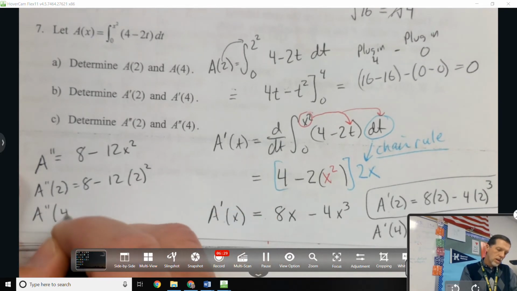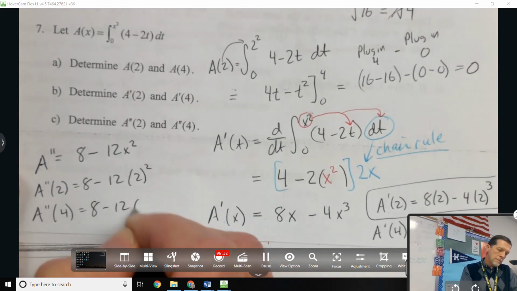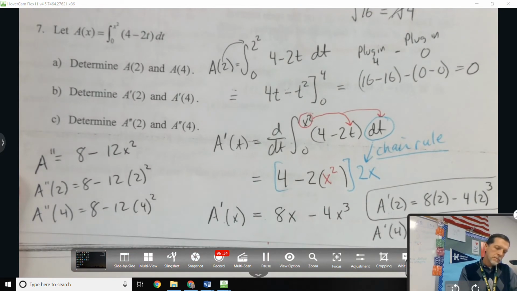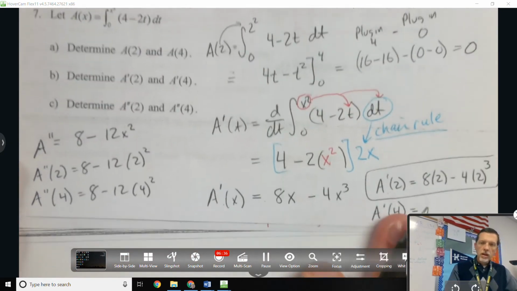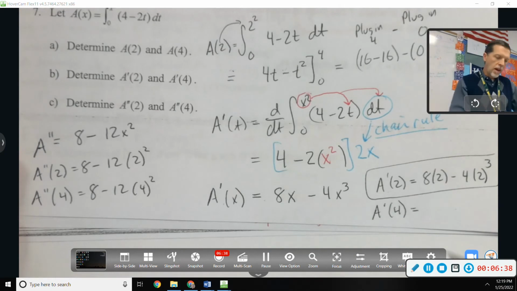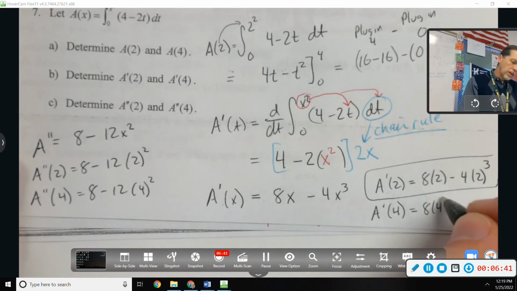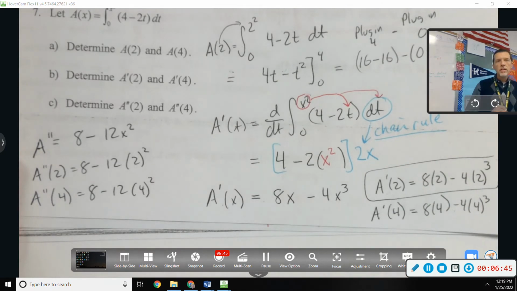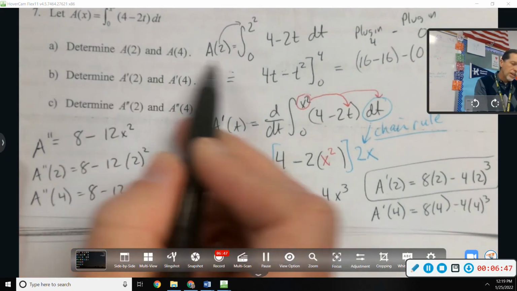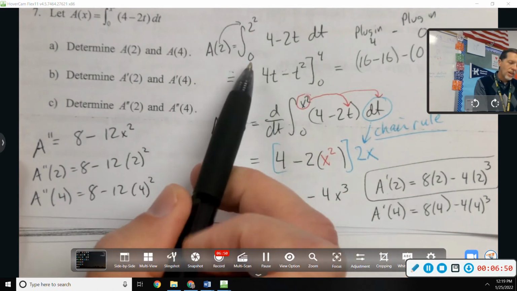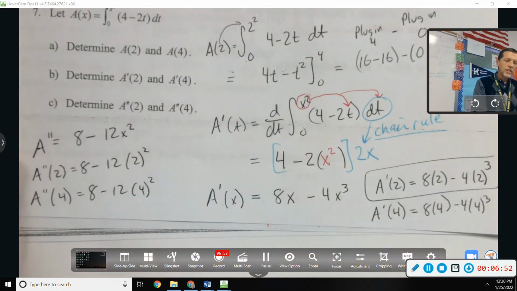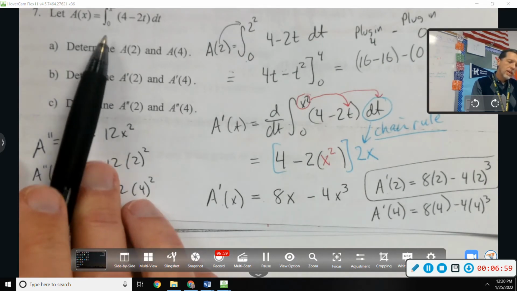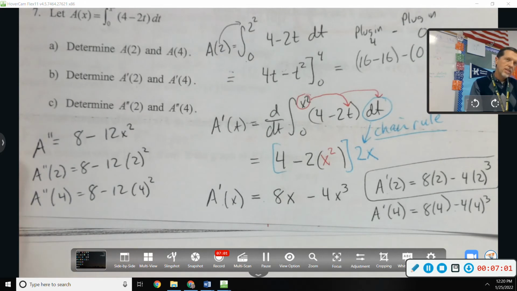So on the first prime one, did you not plug in 4 anywhere? No, I did not. If I wanted that, I would plug in 4 right there. I also didn't find A of 4, but it's the same process. I would just have 0 to 4 squared. So you only plug the value into the integral when it's just regular, not the prime ones? Yes.